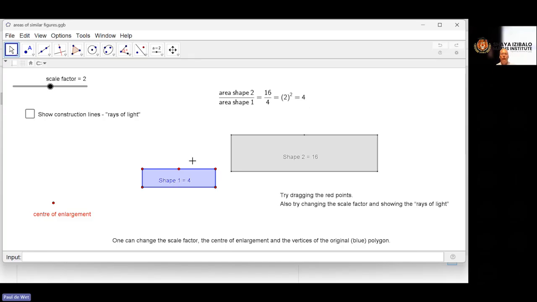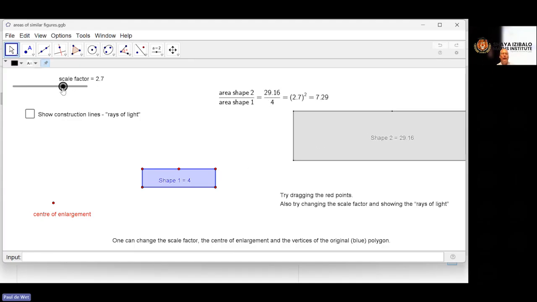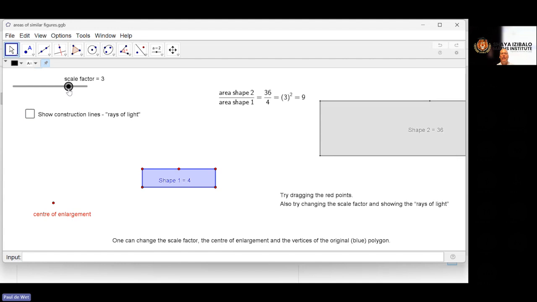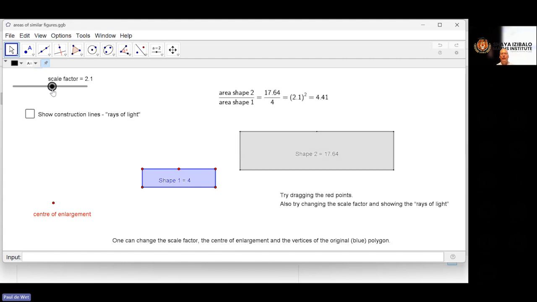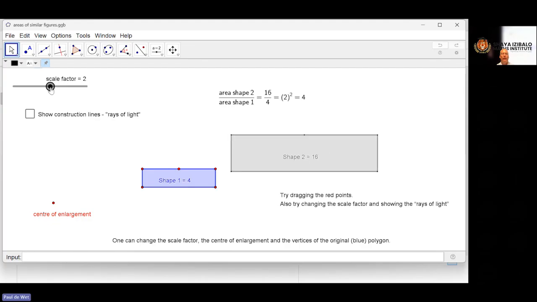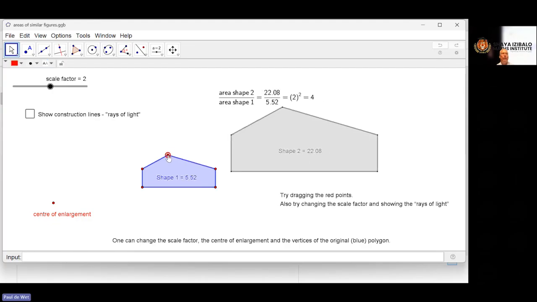If the scale factor is 2, the area is 2 squared times bigger. And if I make the scale factor 3, the area is 9 times bigger. I've drawn it here with rectangles. But if I change the shape of this, do you see that the other shape changes as well?